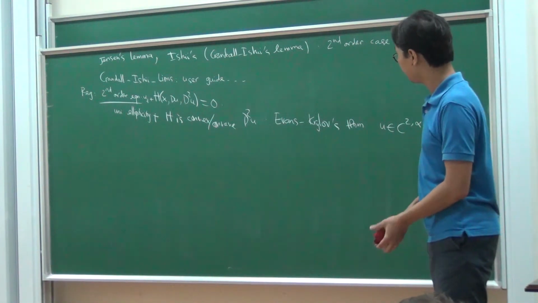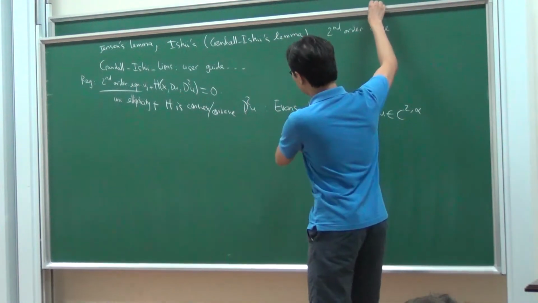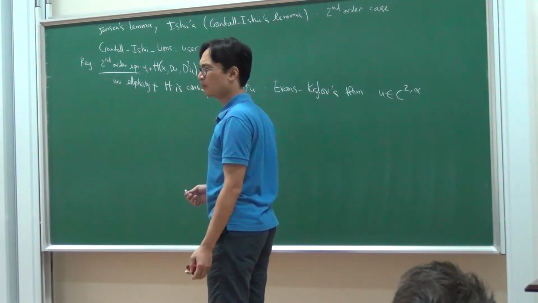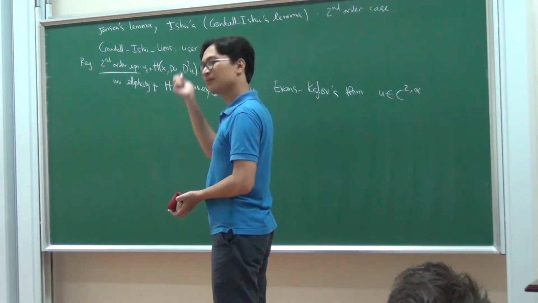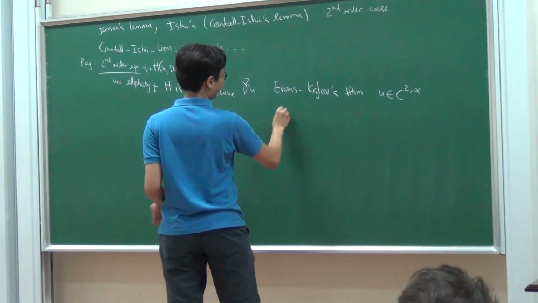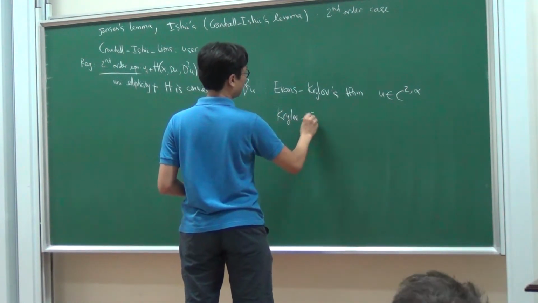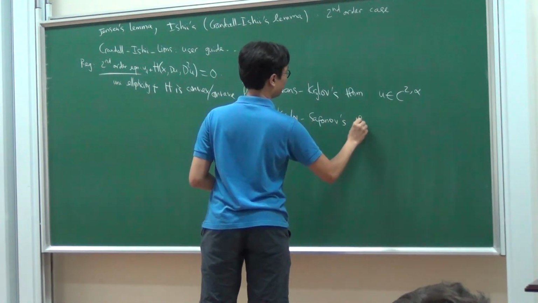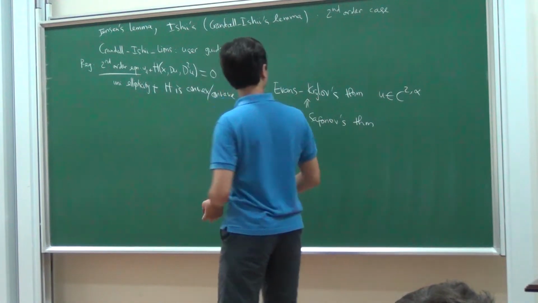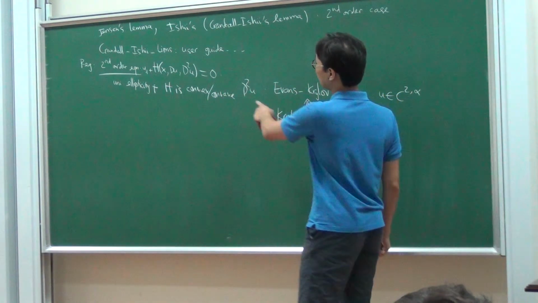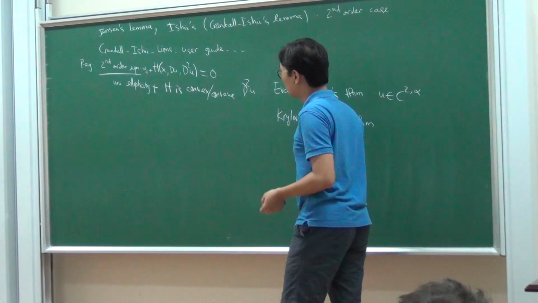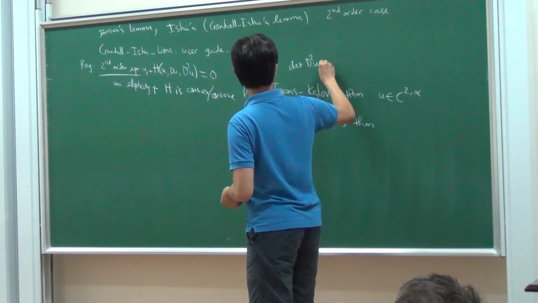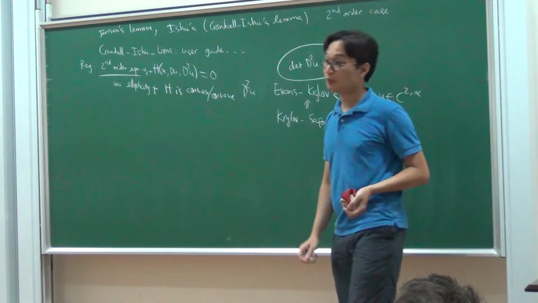By Evans and Krylov. And they use a very famous result by Krylov-Safonov to prove the Evans-Krylov theorem. But they need to assume that this is convex or concave in D squared u, and in particular it applies for the Monge-Ampère equation, determinant of D squared u equal to f.